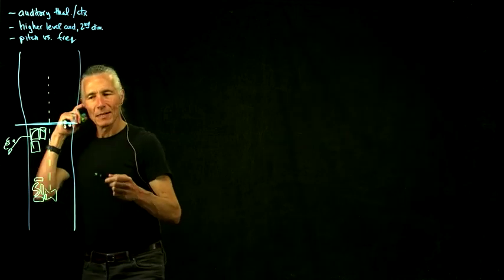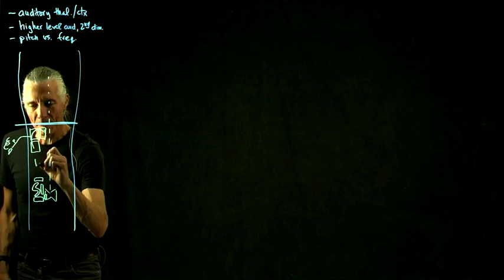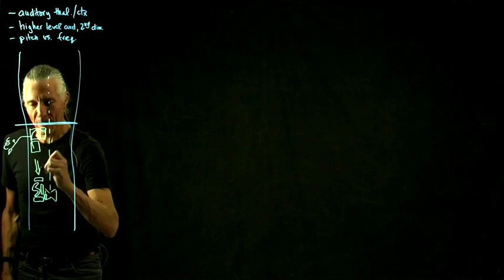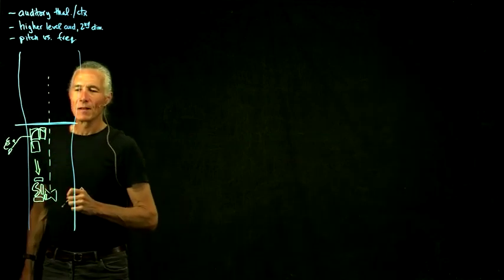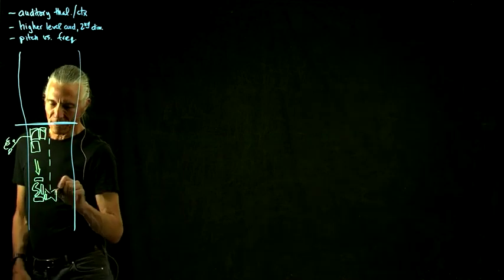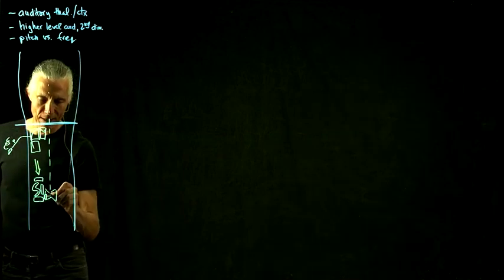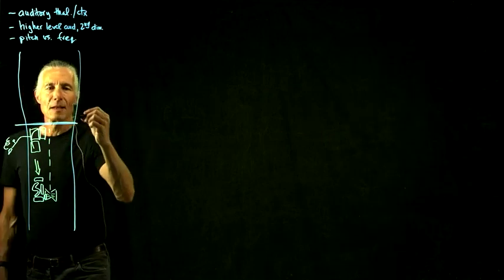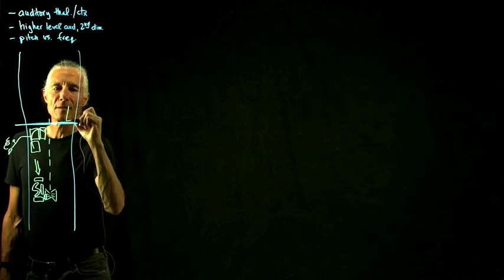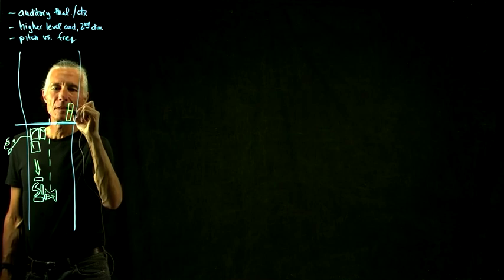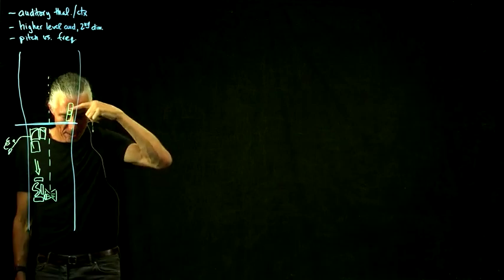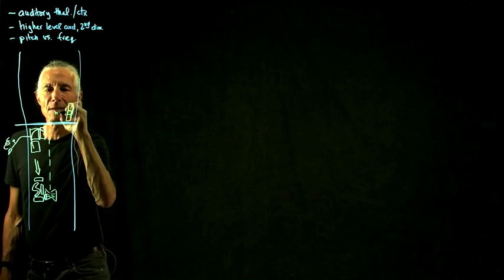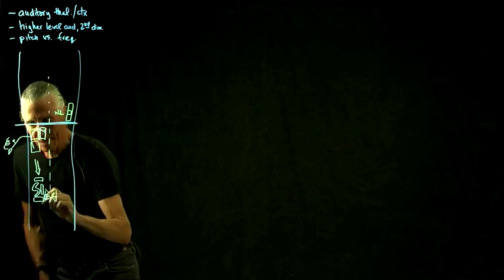So these generally project mostly on the same side. There's some crossing at the level of the trapezoid body, and then there are some nuclei of the lateral lemniscus up here. There's three of those.